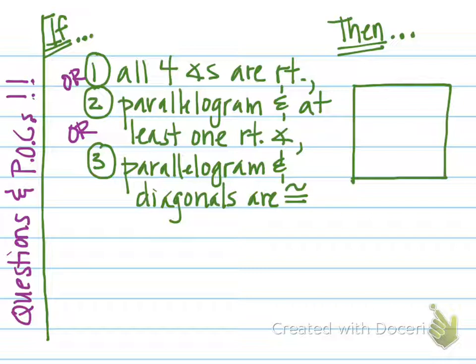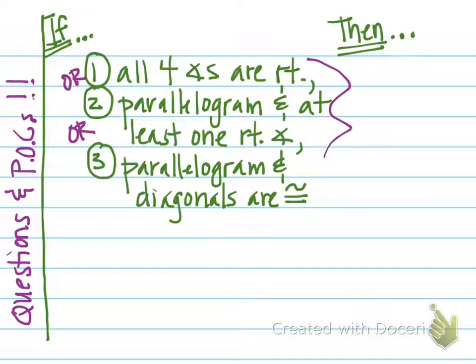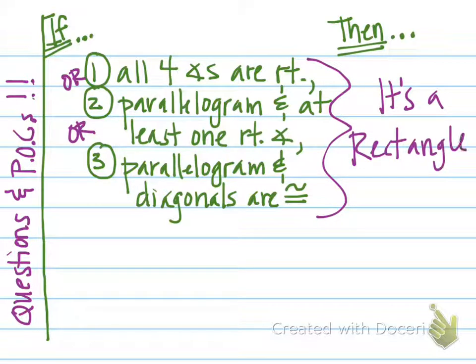Or number 3, if again you've proven that you have a parallelogram from one of those 5 tests that we've just talked about, and that the diagonals are congruent, then it's a rectangle. And now that you know it's a rectangle, you know that it has some other properties.